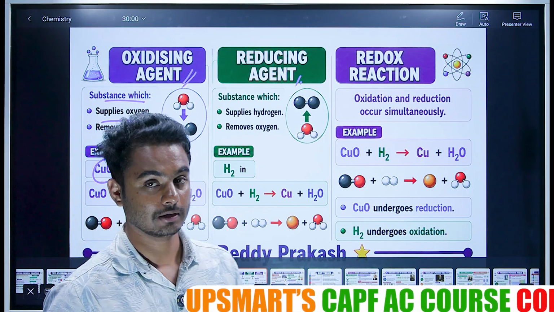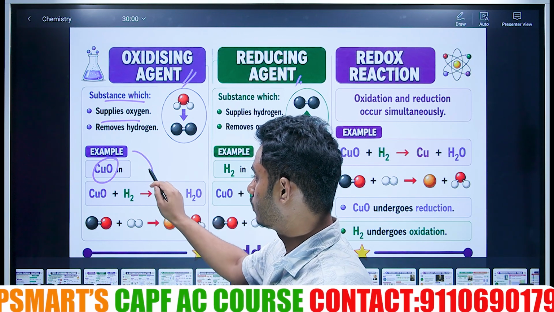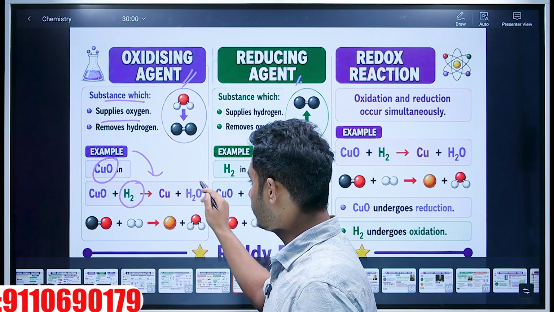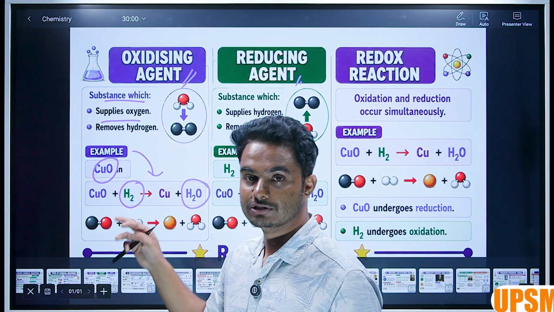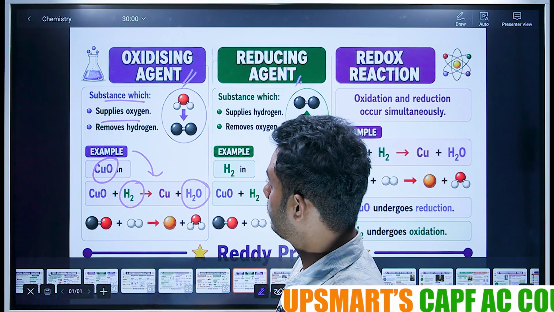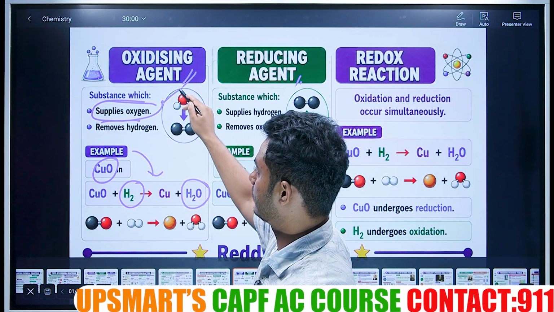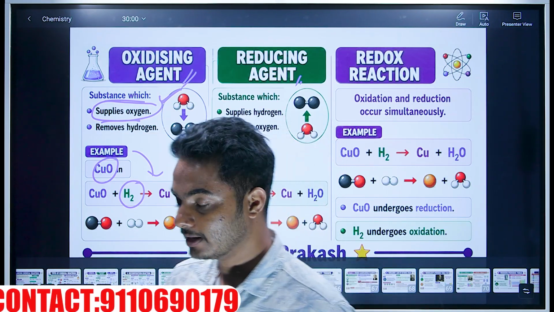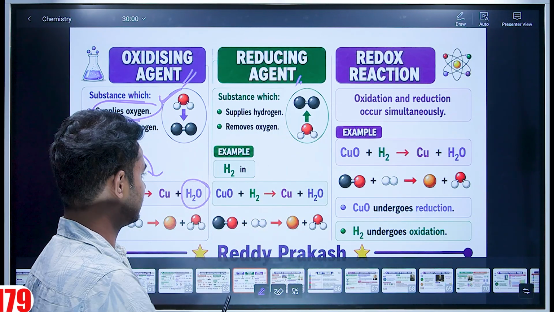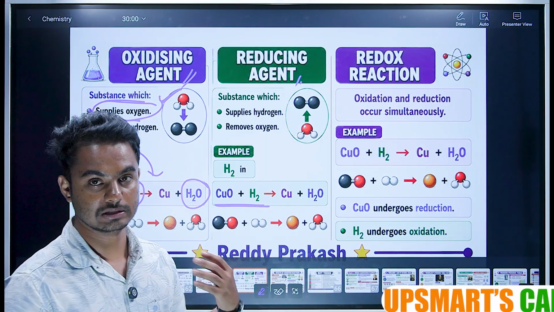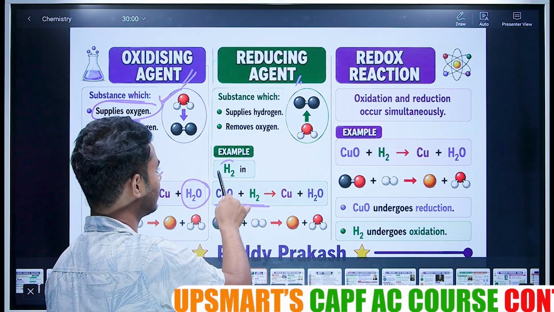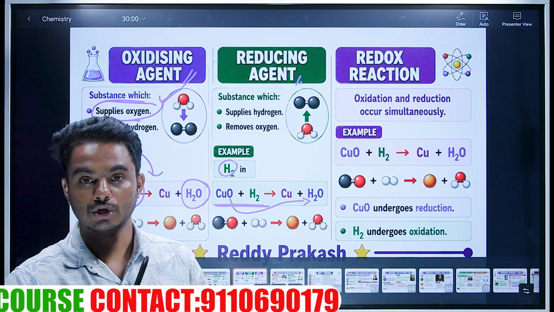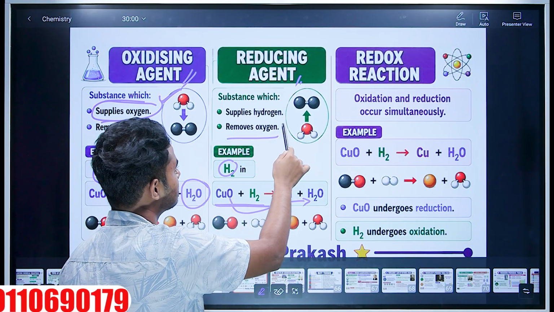The copper oxide is adding oxygen to the hydrogen, so it supplies oxygen. It is satisfying this, so it is called the oxidizing agent. Similarly, in the same equation, CuO plus H2, what is H2 doing? H2 is taking away the oxygen and keeping it to itself. It is removing the oxygen, satisfying this condition.